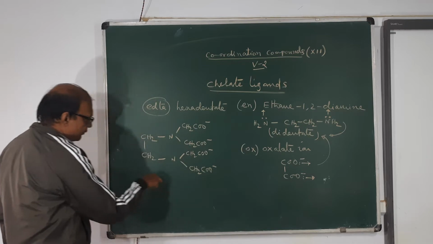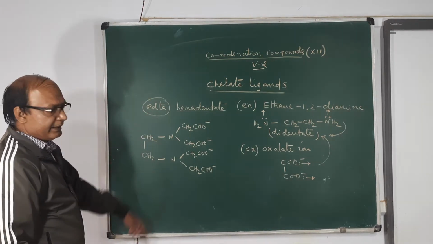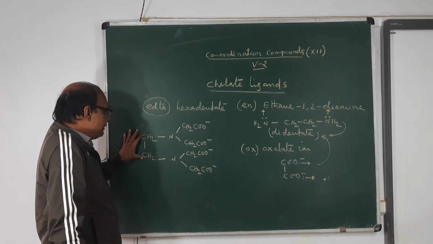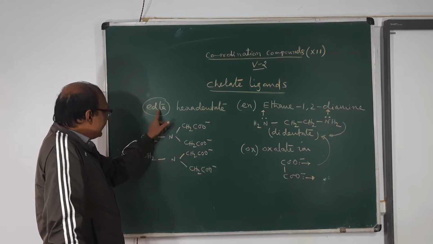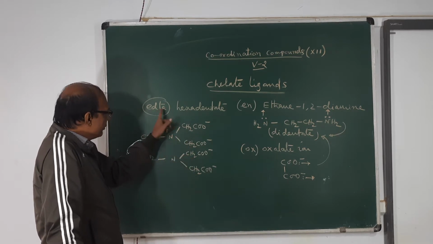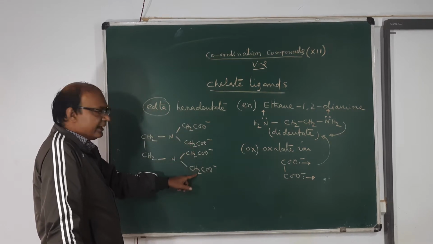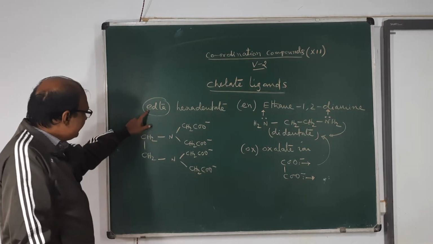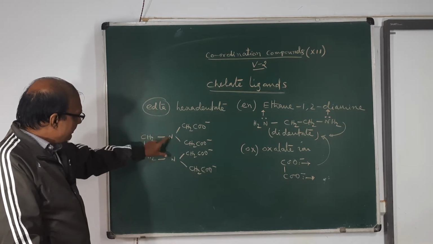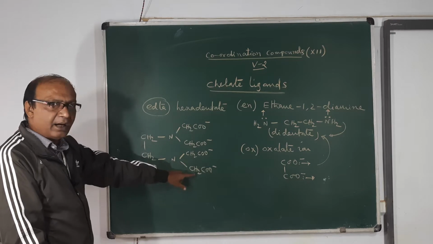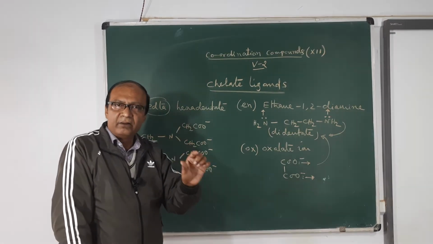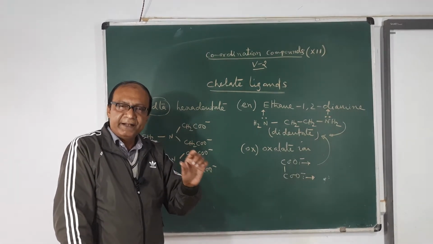So this is the formula of EDTA. The full name is ethylenediaminetetraacetate ion. This ion is known as EDTA.